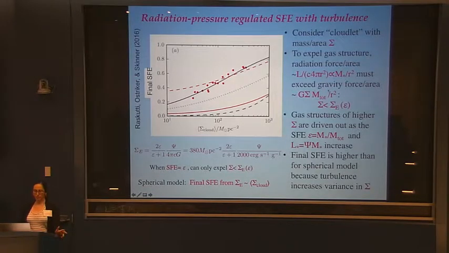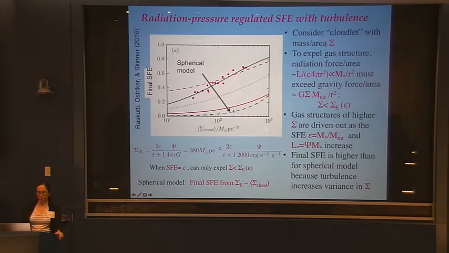You just match the radiation force to the gravitational force holding that cloudlet in the cloud, and the requirement in order to expel it is that the star formation efficiency has to be such that the so-called Eddington surface density is less than the surface density of that cloud. And you can write the Eddington surface density in terms of the star formation efficiency and the light to mass ratio.